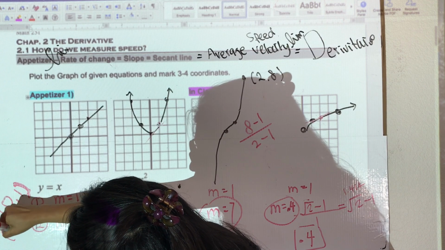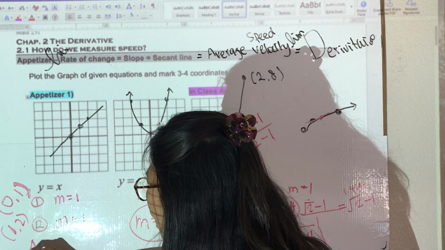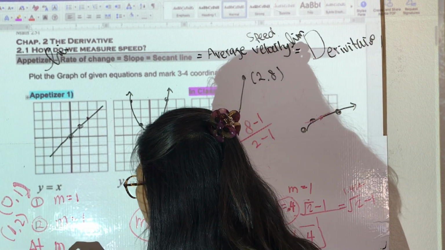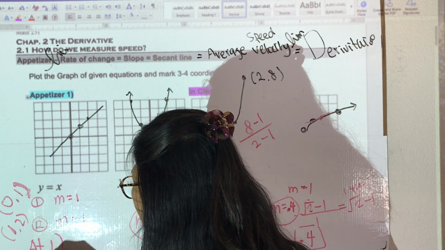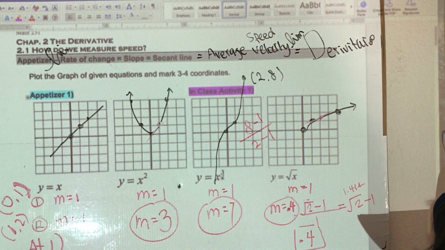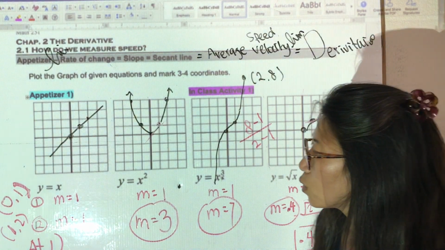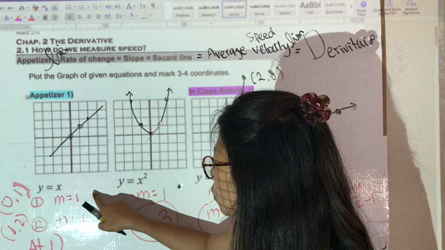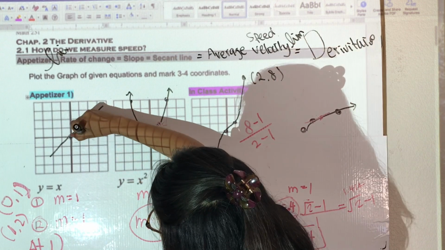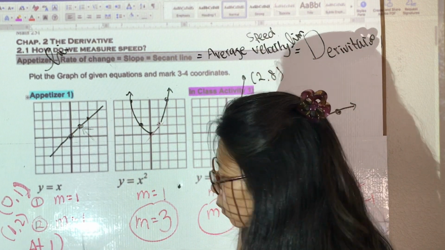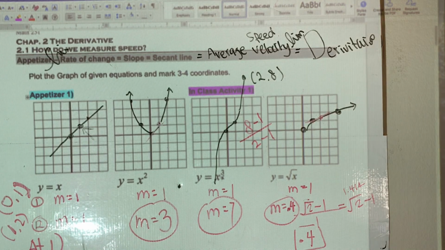This was 1 to 2. Then how about exactly at 1? What would be the slope exactly at 1? That's what we're going to study in chapter 2. So in this one was 1 and 1. Then at this point has to be slope 1 for sure.